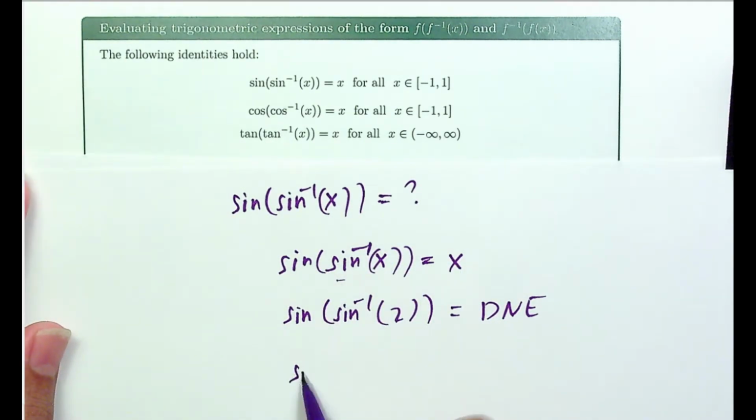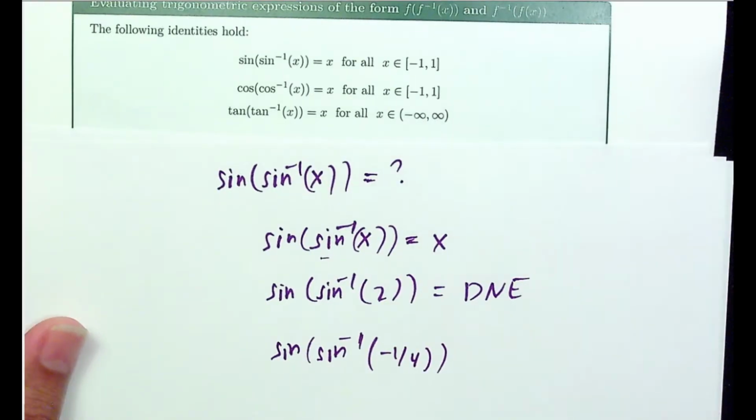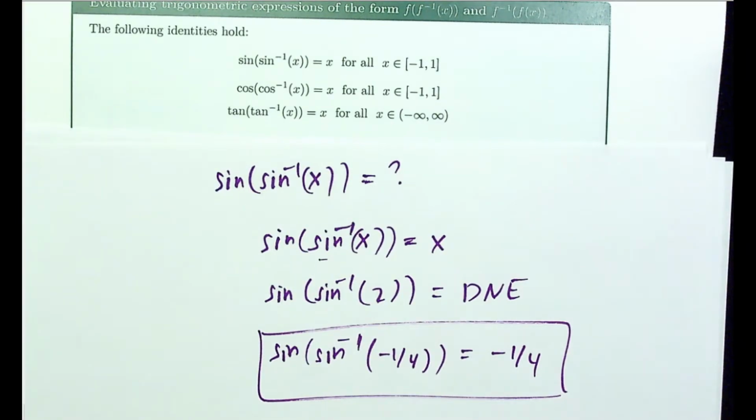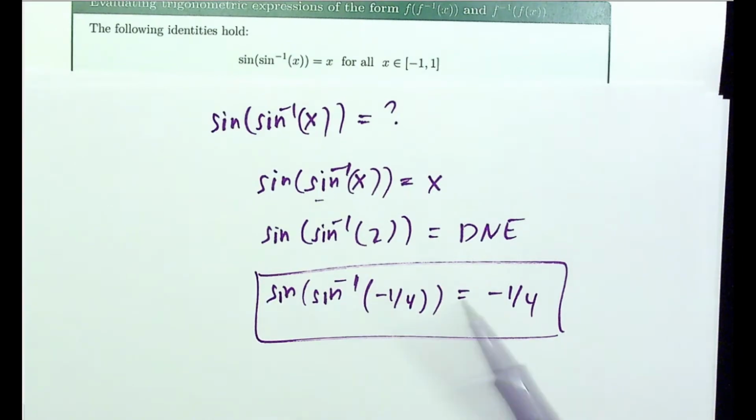So for example, sine of sine inverse of, let's see, think of a number between -1 and 1. Let's say -1/4. -1/4 is between -1 and 1, so in that case, they will cancel each other off, and you get -1/4. Okay? So that case is really not a problem. As long as it makes sense, they do cancel each other off. That's it.